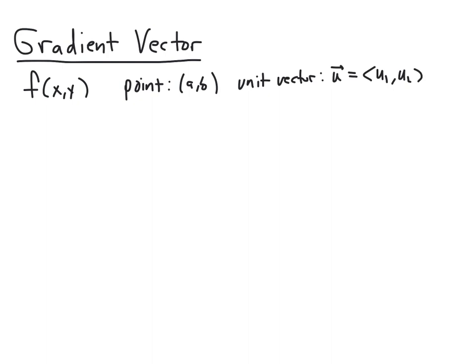And once we have this unit vector, we have this curve r of t, which is the line through this point in the direction of u. So it was a plus t u1, b plus t u2. So this is our line that goes through our point in the direction that we want our directional derivative to indicate.